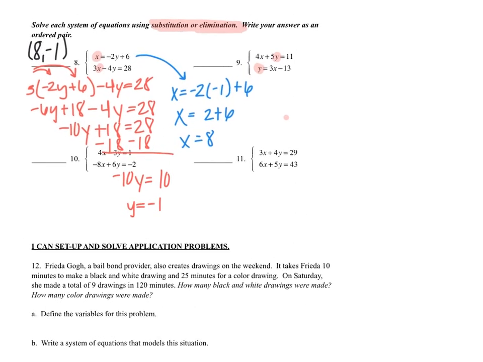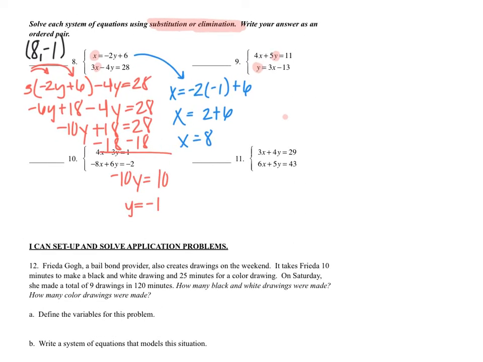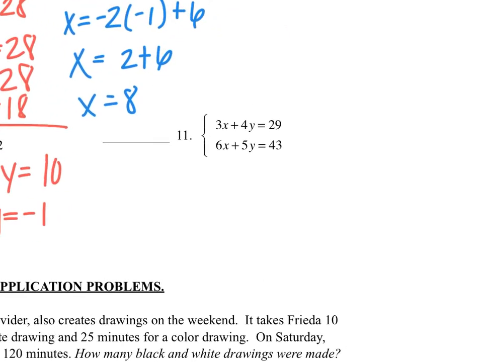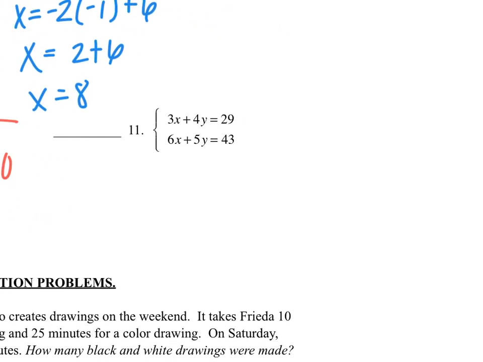Let's go ahead and look at number 11. I'm going to use elimination for this one. I'm going to multiply this top equation by -2 because I want the number in front of x to be the same, but one of them positive and one of them negative.